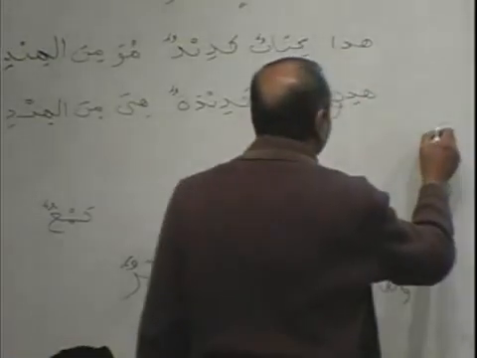I am not saying kullun, because if it is kullun, then there is no mudaf ilayh. If there is a kullu, then there is a mudaf ilayh. Like if you say kullu nafsin dha'iqatul maut, the sentence starts with kullu. Here it is, we write down.